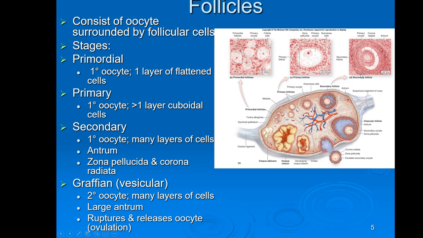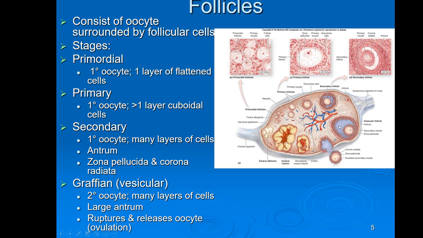The secondary follicles are going to progress into a mature follicle, and that would be the Graafian follicle, sometimes called vesicular. It also looks different. It's going to look a lot like the secondary, but it is different. It's bigger, and it now contains a secondary oocyte, which means the egg is ready to go. This is a Graafian follicle right here.